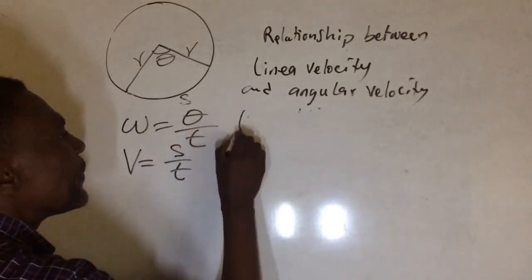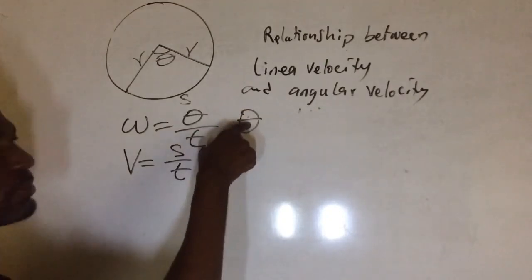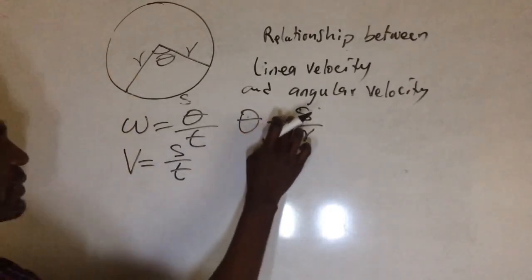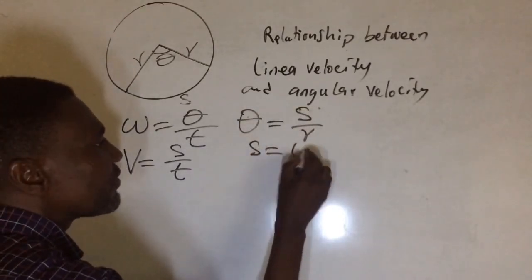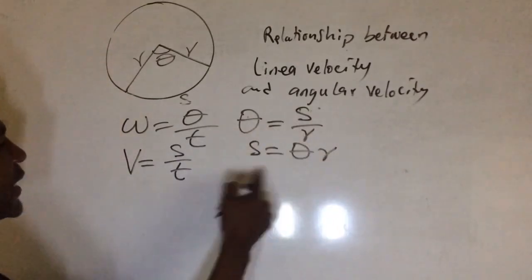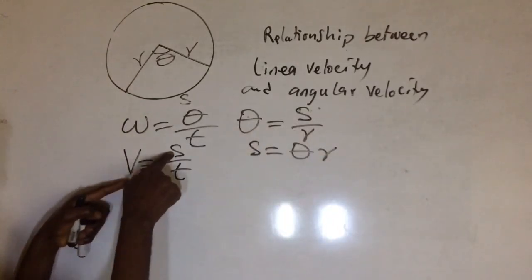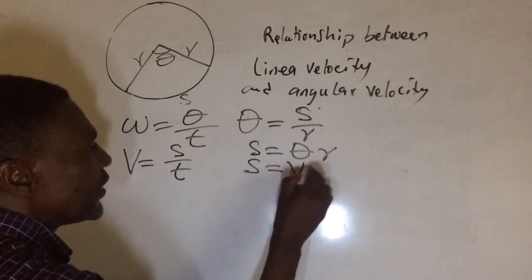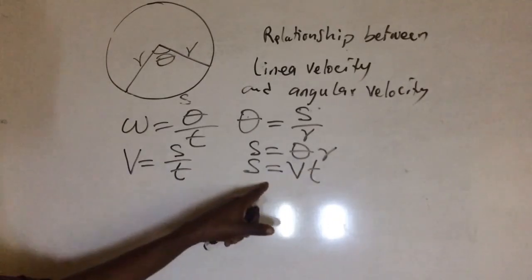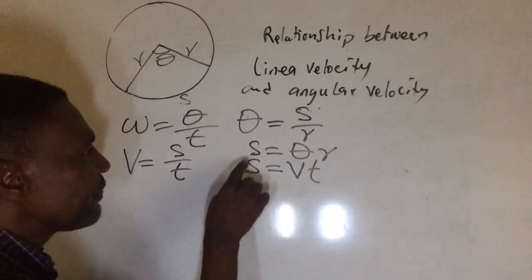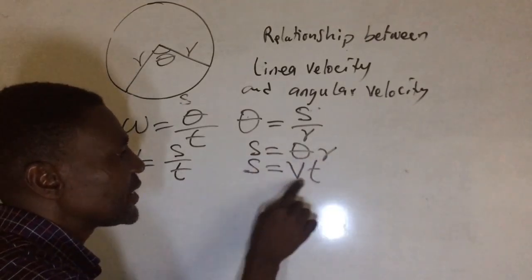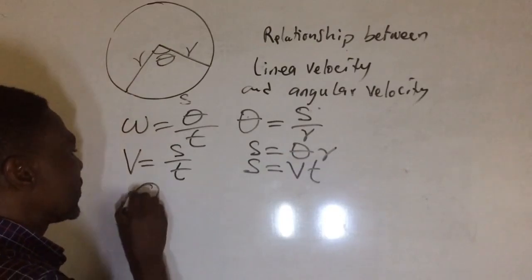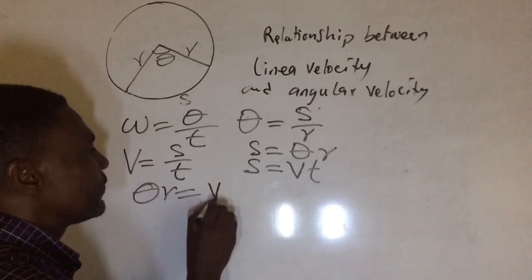Then our angular displacement is equal to distance all over r. So making s the subject of the formula, we have s equals theta r. Then making the same distance the subject of the formula from linear velocity, we still have s equals vt, okay? Therefore, if s is equal to this and s is equal to this, then theta r is equal to vt.